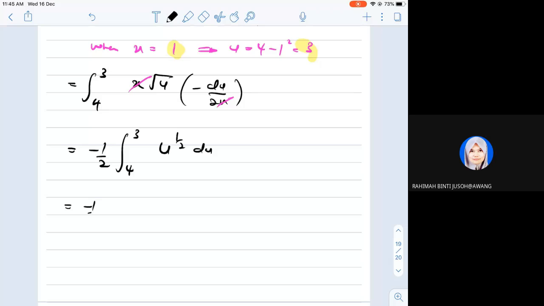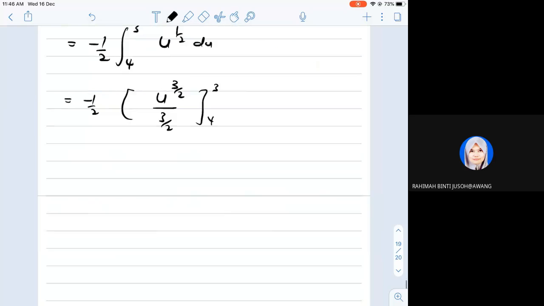So negative 1 over 2, you integrate u to the power of half, we will get u to the power of 3 over 2 over 3 over 2. Okay, so substitute u equals 3 and 4. Then we will have negative 1 over 2, 3 over 2 jadi 2 over 3, times 3 to the power of 3 over 2 minus 4 to the power of 3 over 2.